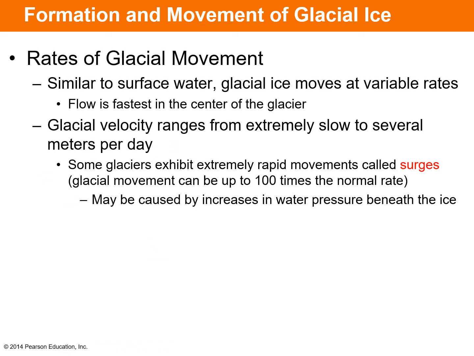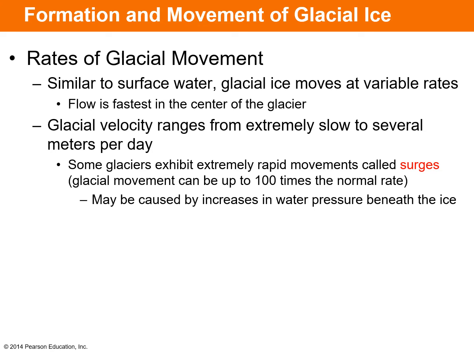Now, how fast do glaciers actually move? This is important to understand to better understand how glaciers impact the surface of the Earth, after all. So similar to surface water, glacial ice, the solid form of water, moves at variable rates. The flow is fastest in the center of the glacier, where you have that plastic flow that we've been talking about.